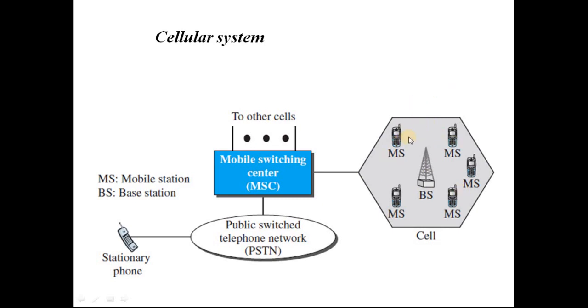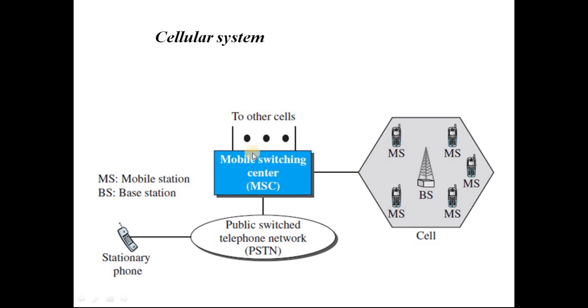How this communication happens is these mobile stations will communicate with the base station, which we call a tower. Normally we call these mobile towers, which is basically called a base station, and this base station will communicate with the mobile switching center.